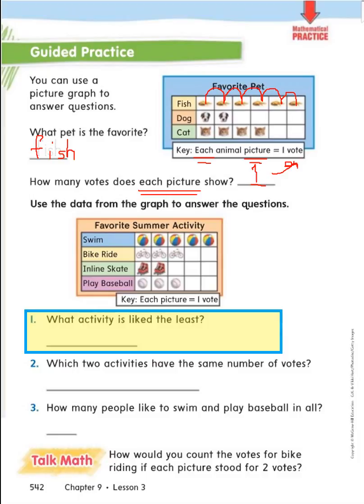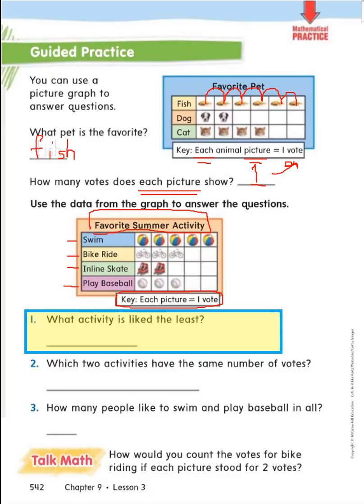In the middle it says, use the data from the graph to answer the questions. And if we look at the title of the graph, which is right here, it says favorite summer activity. Swim, bike ride, inline skate, play basketball. And don't forget, we have to look at the key. Each picture equals 1 vote.